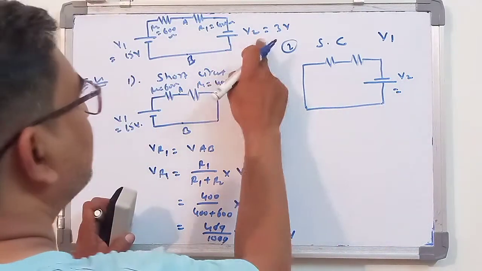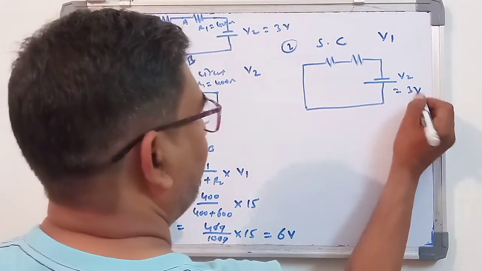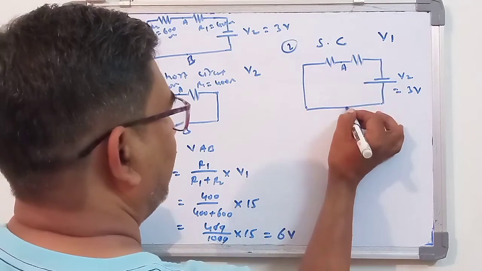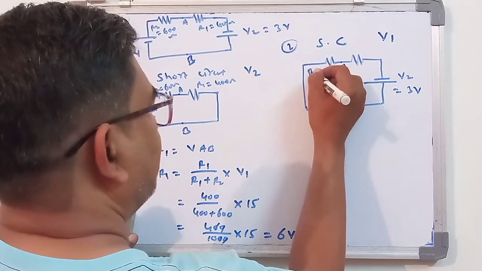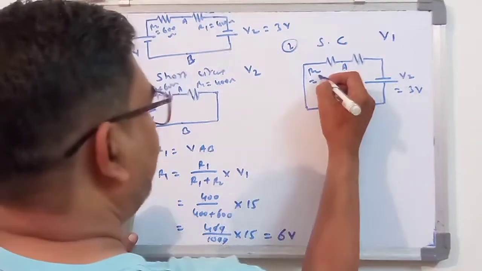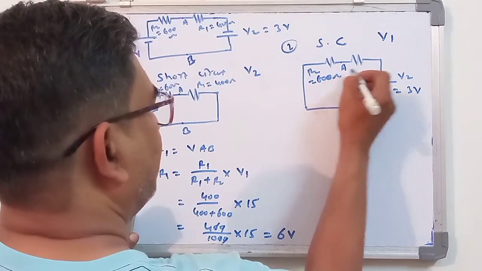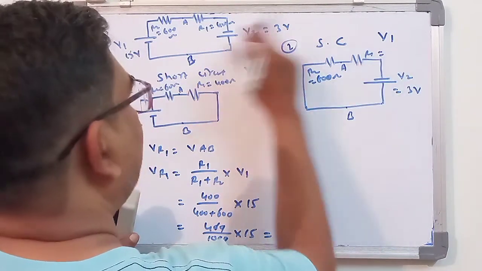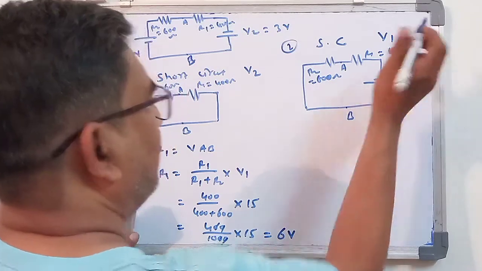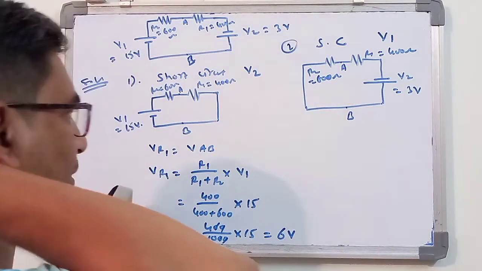V2 is equal to, what is the value for V2? It is 3 volt. Here it is A, here it is B. R2 is equal to 600 ohms, R1 is equal to 400 ohms. Okay, we have got this value.